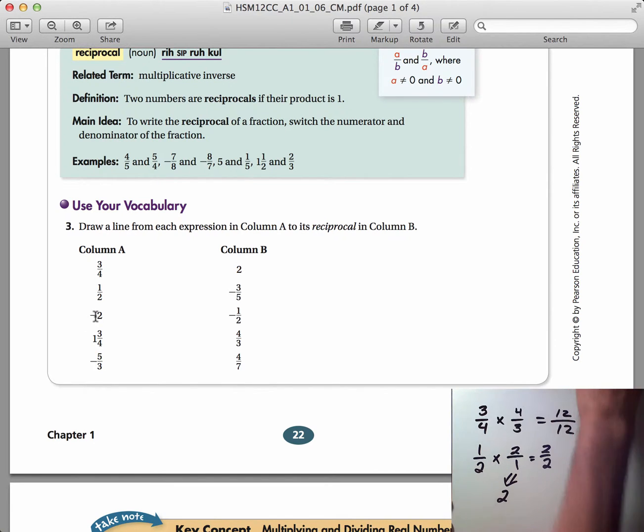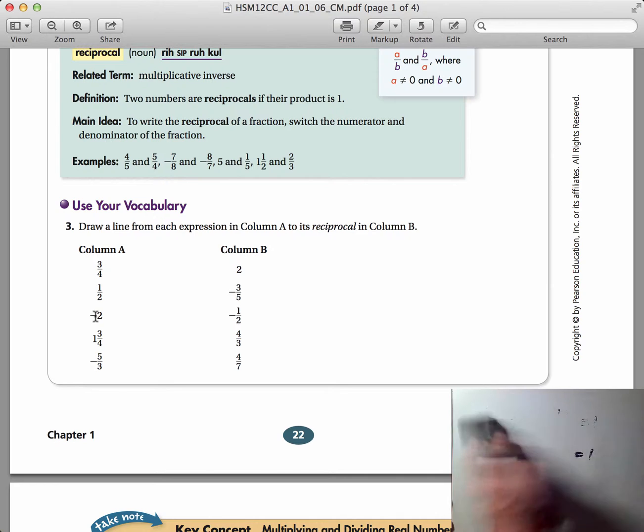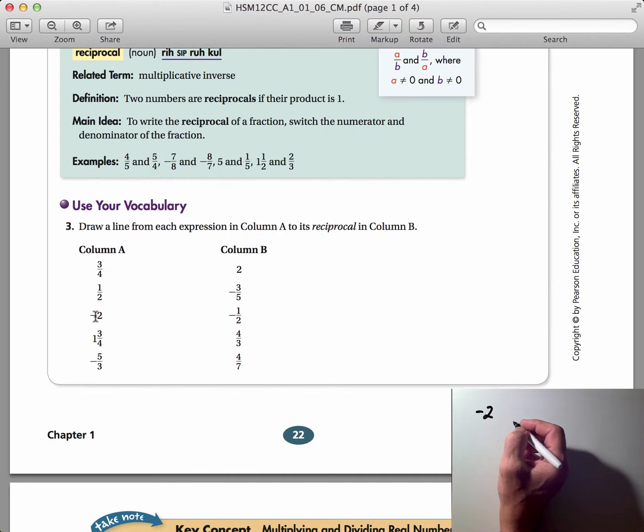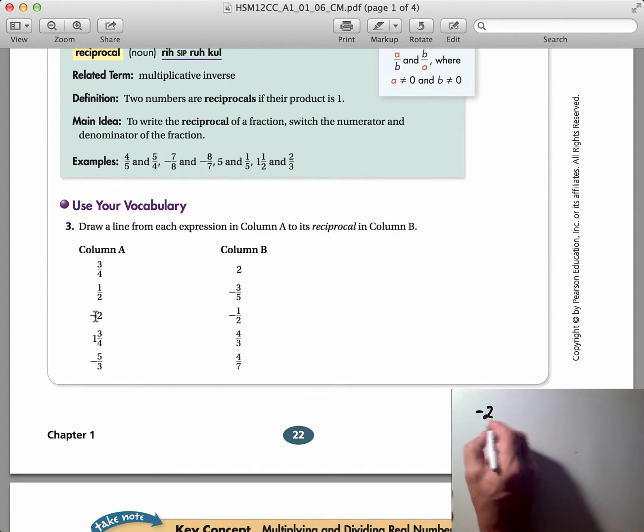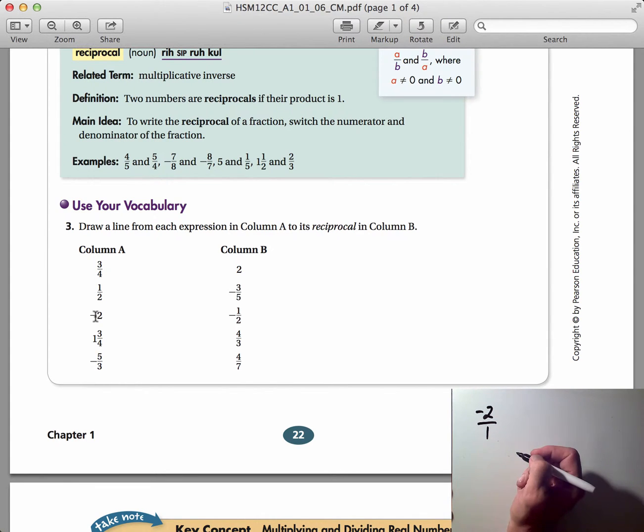-2. Now this is interesting again. If we take -2, and we look at its reciprocal. Well, what is the reciprocal of -2? There's nothing in the denominator here. But yes, there really is, because we can put this over 1, right? The same as we could take 2 over 1 before and say it's 2. -2 over 1 is really -2.